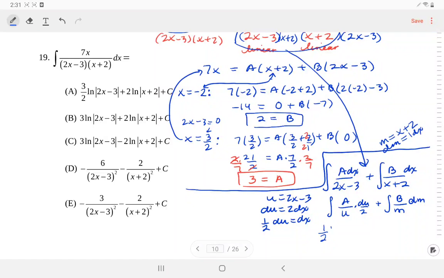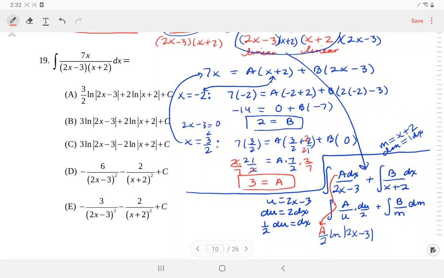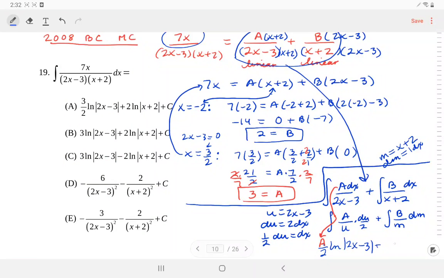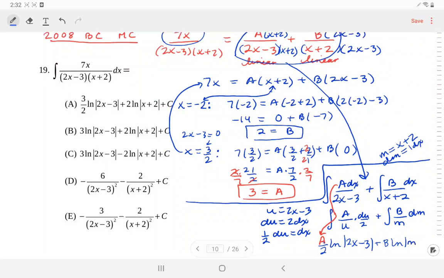So this one on the left, you wouldn't have to show that step. You probably could just do 1/2 ln absolute value of 2x minus 3. Often I forget the a, so I forgot it again. So I'm going to put an a at the top. This a we do need to have there. And then the other one is plus b ln absolute value of m.